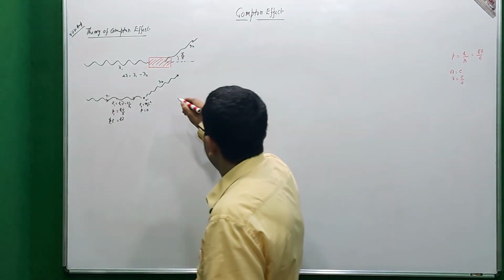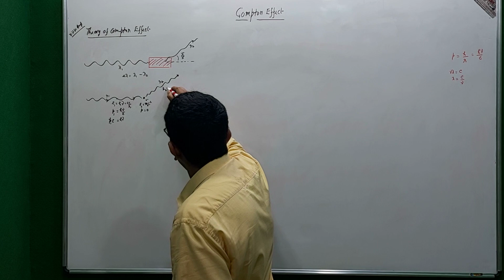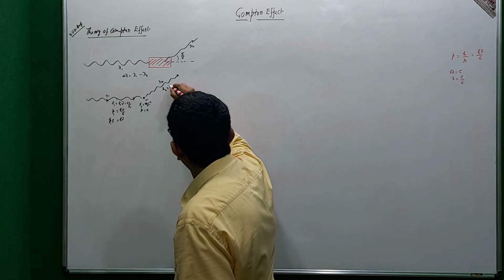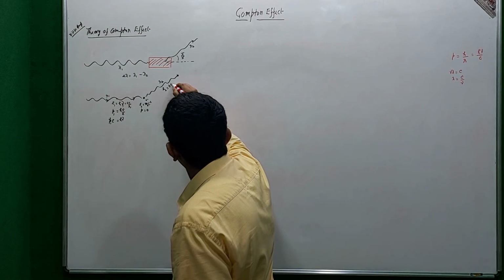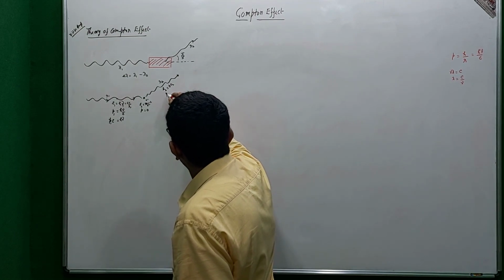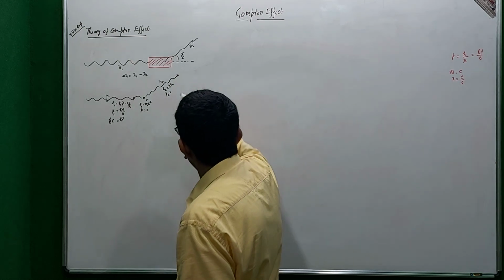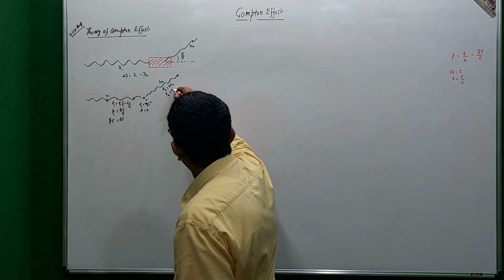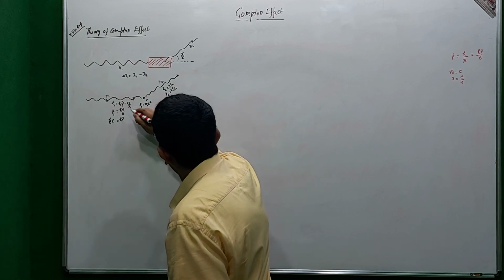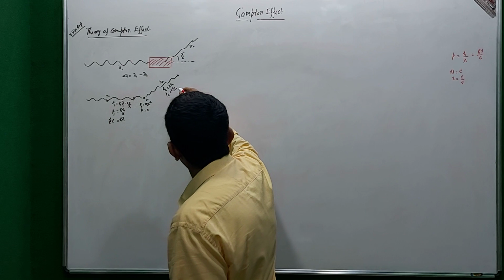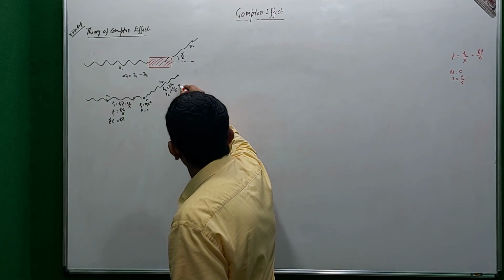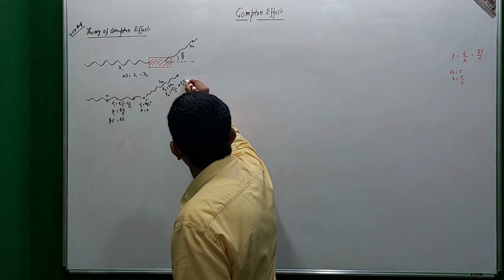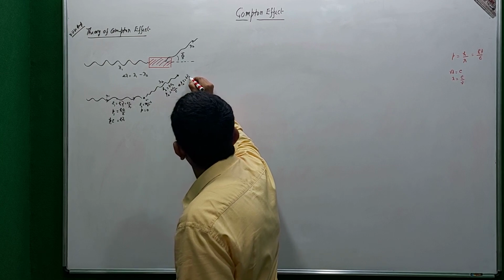The energy we can write as E2 = h nu 2, and the momentum of this scattered photon is h nu 2 by c, or P2 c = h nu 2.